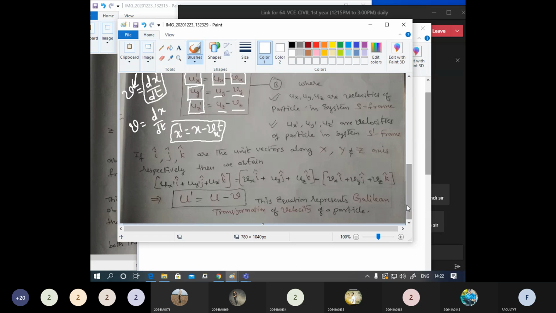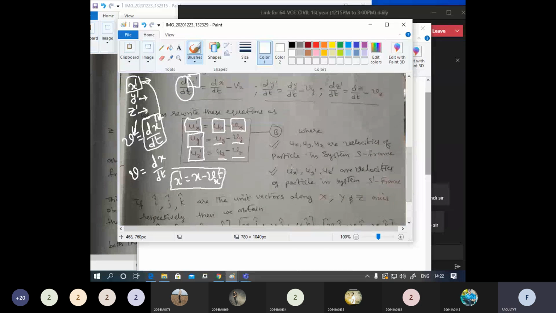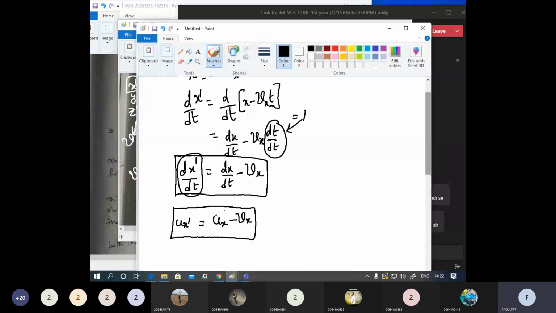What we are going to do? We are going to add all these factors. Okay, we are going to add all the three factors. What are the three factors here? x prime, y prime, z prime. Okay, here this is regarding the x-axis, so add i cap. Regarding the y-axis, add j cap. Regarding the z-axis, add k cap.